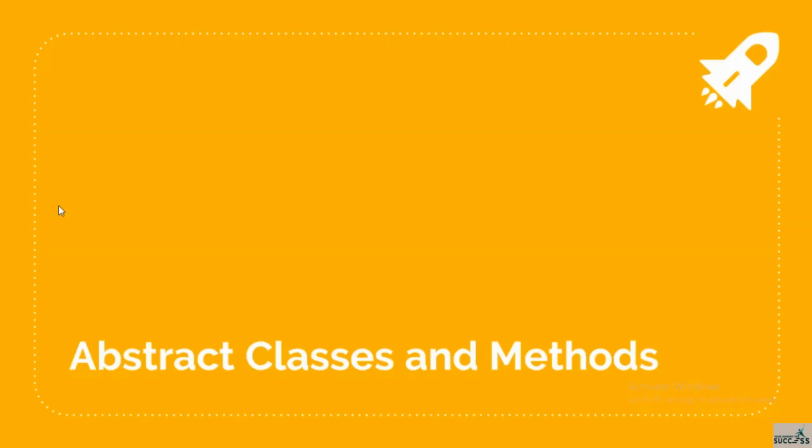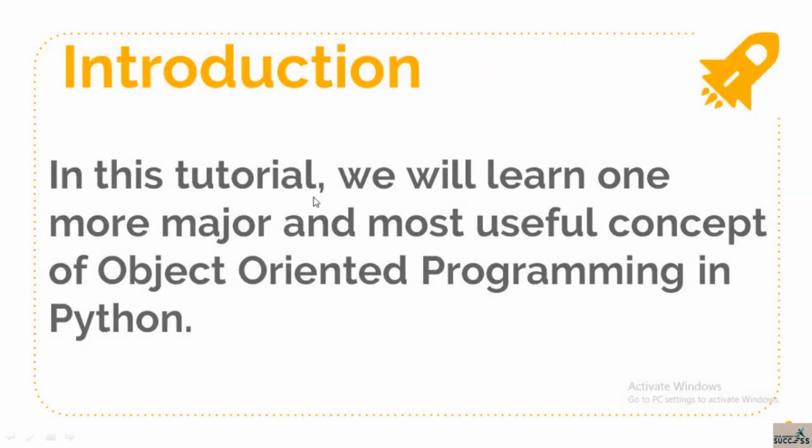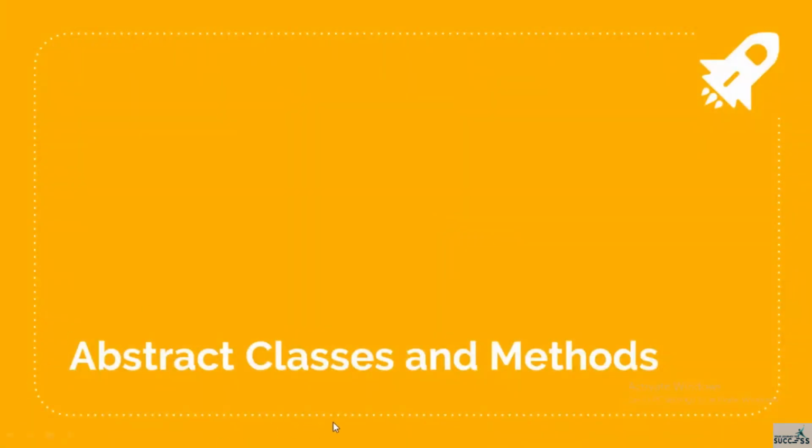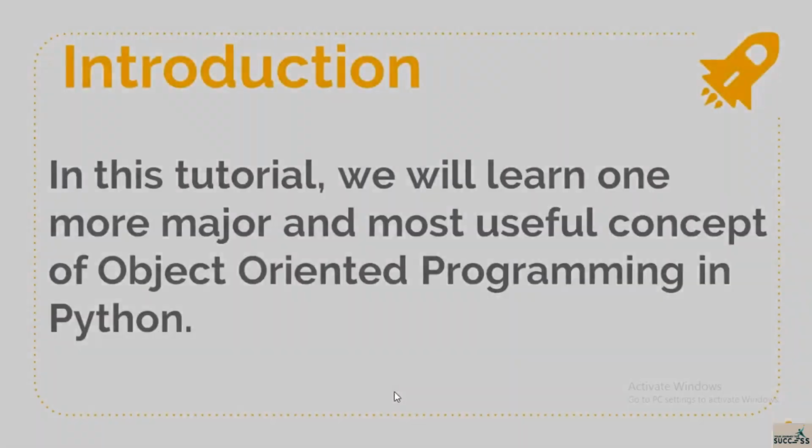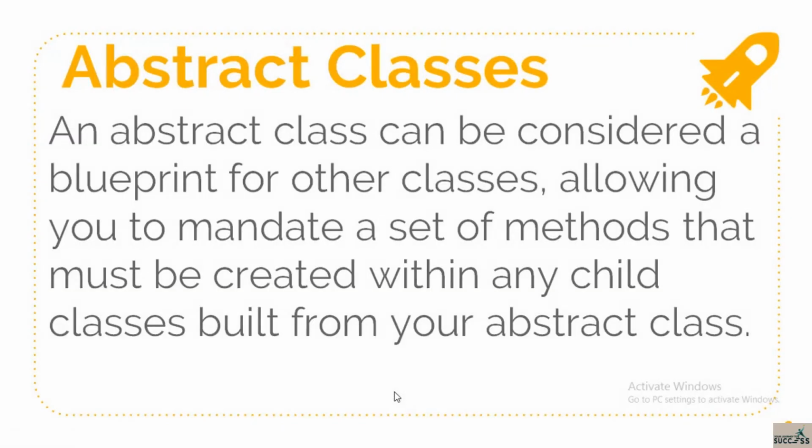Hey guys, and in this video we will learn one more major and most useful concept of object-oriented programming in Python, and it's called abstract classes and methods. First of all we will cover what is an abstract class. An abstract class can be considered a blueprint for other classes, allowing you to mandate a set of methods that must be created within any child class built from your abstract class.